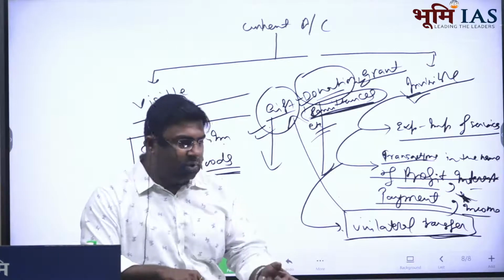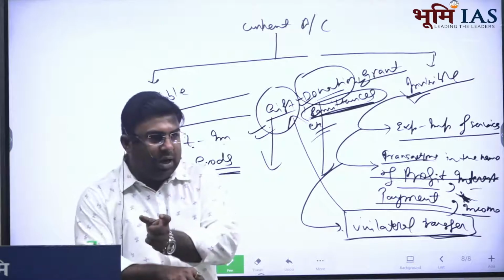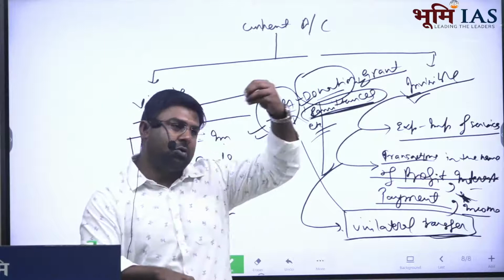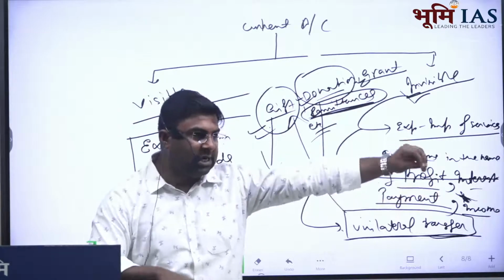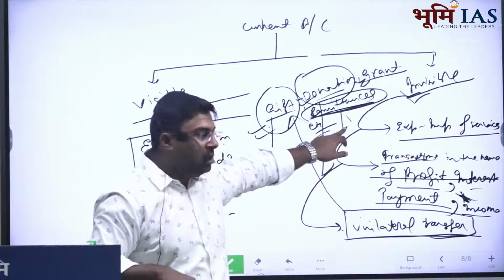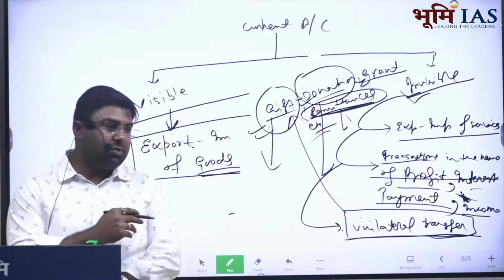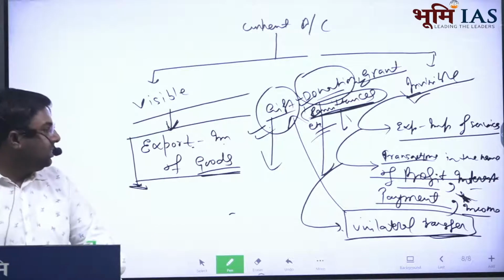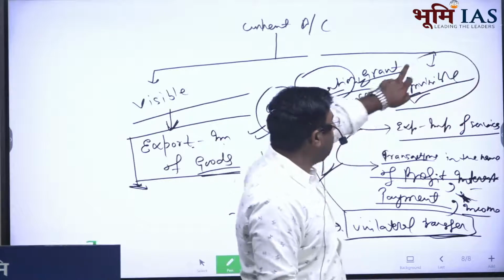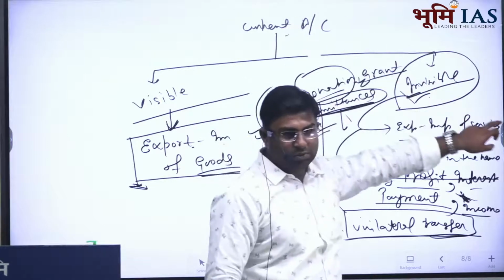An individual who is working out of his home country and pays a specific amount to his or her family residing in the home country is known as a remittance. You should also know that India is the world's largest recipient of remittances. These transactions are part of the invisible account of the current account.